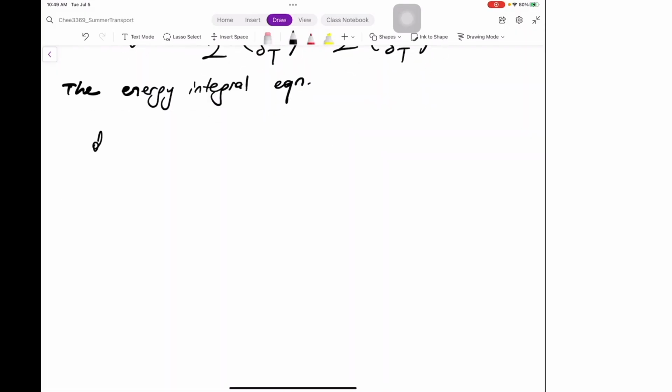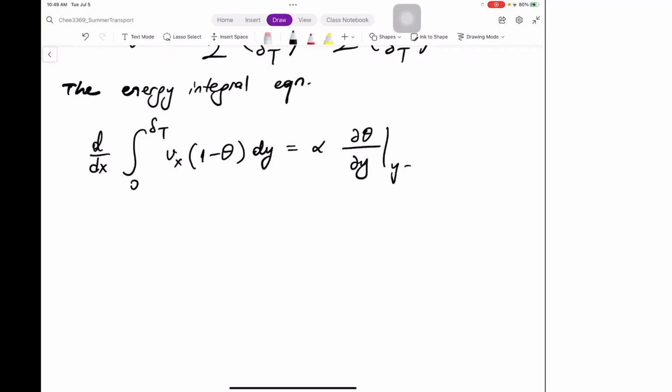It becomes d over dx integral from 0 to delta t of Vx times 1 minus theta dy is equal to alpha del theta over del y at y equal to 0.